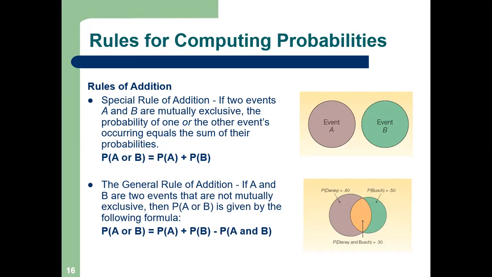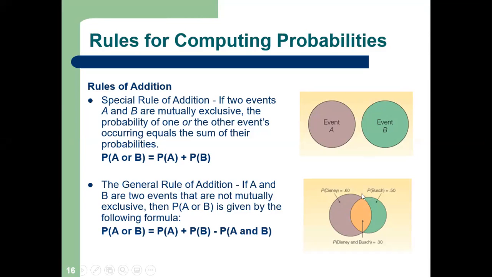The equation is probability of A or B is equal to probability of A plus probability of B minus probability of A and B. Probability of A and B means the probability that both events occur at the same time, and it is subtracted from the added probabilities of events A and B.